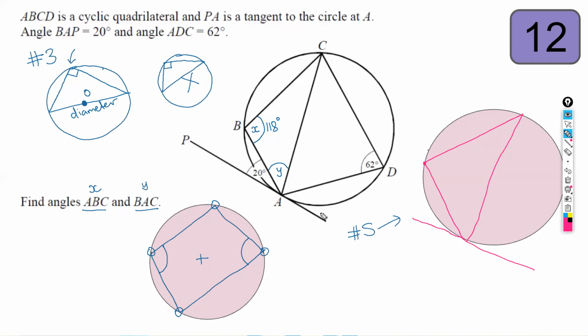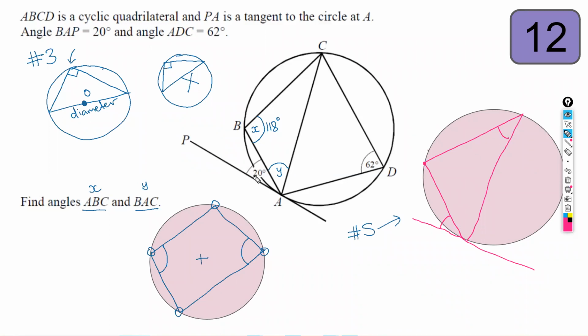The tangent is the road. This is a skateboard. And look, the legs are here, starting at B, hitting the circumference and bouncing back to A. The angle between the skateboard and the road is equal to the angle between the legs. So these two angles will always be equal.